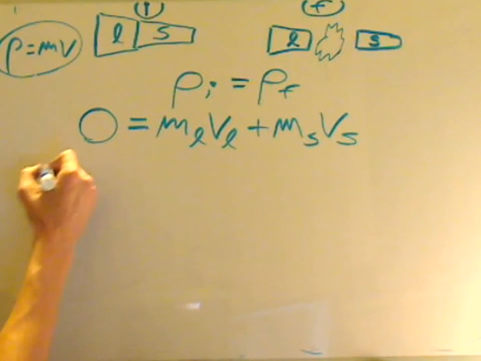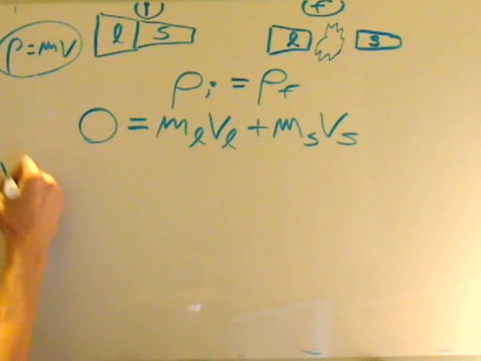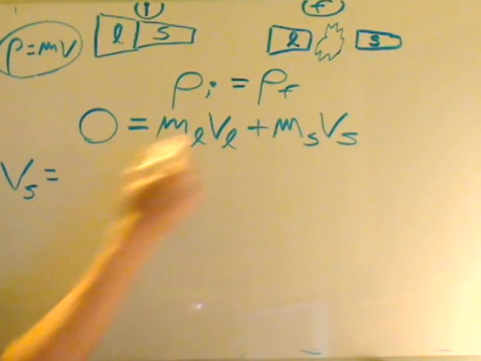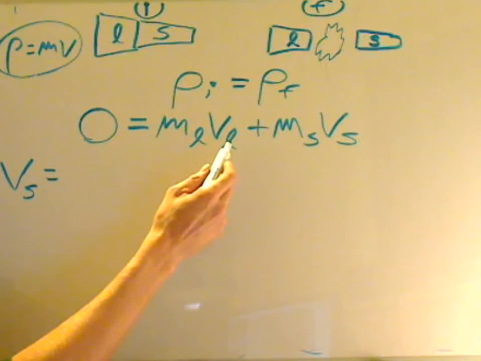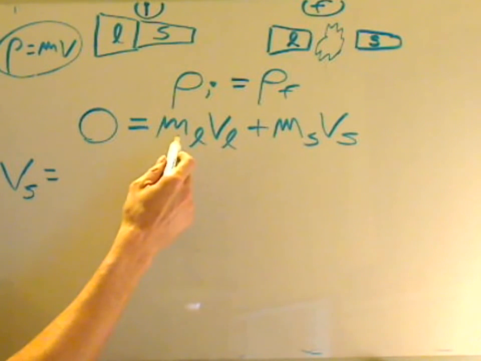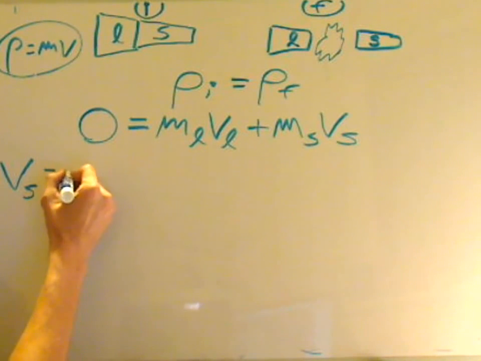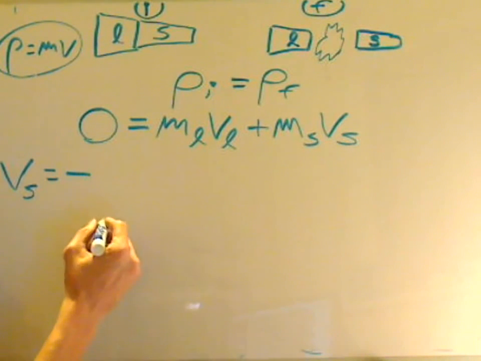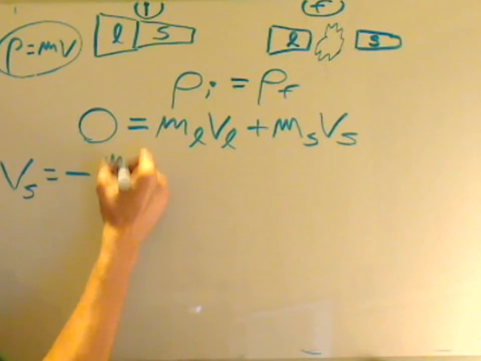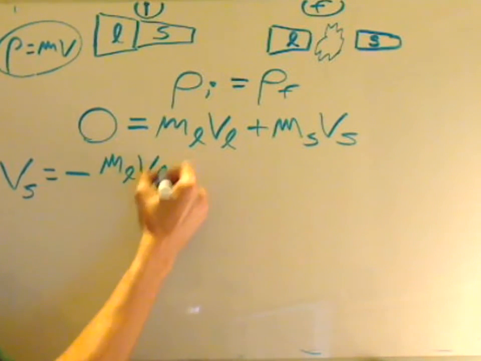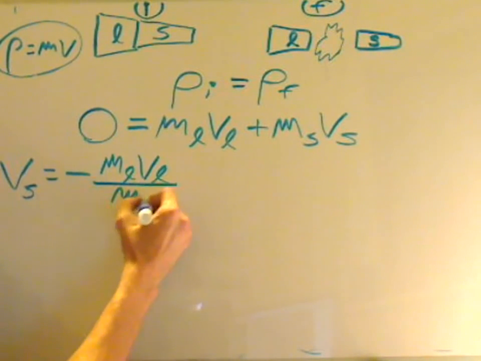So therefore, the satellite's velocity, once you solve this algebraically, you have to subtract this from both sides, then divide by the satellite's mass. You get negative mass of the launcher, velocity of the launcher, divided by mass of the satellite.